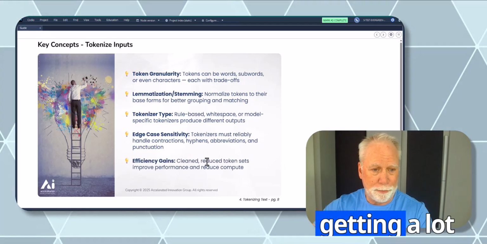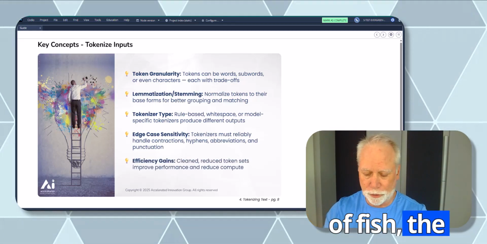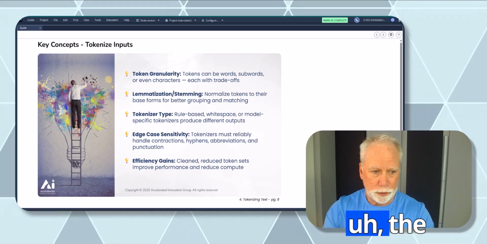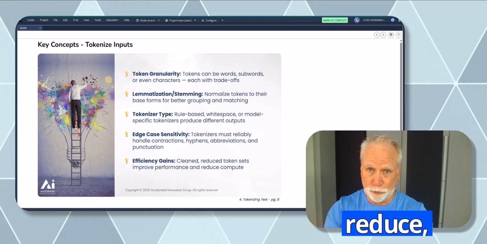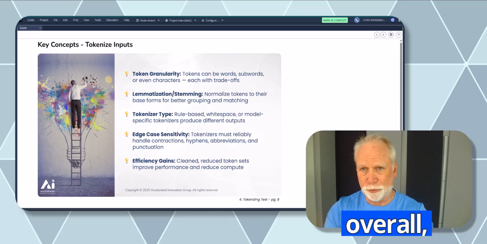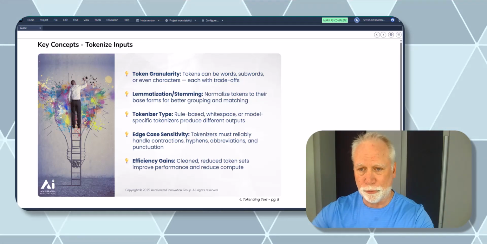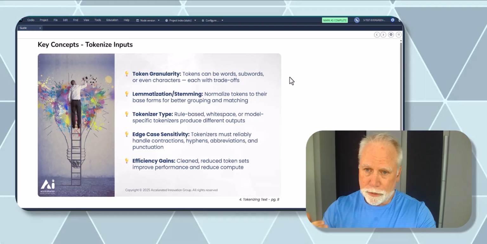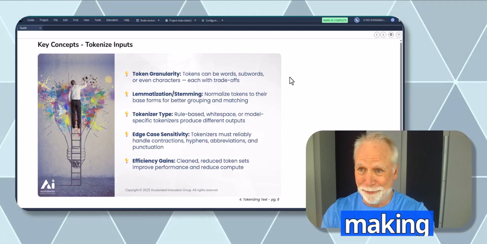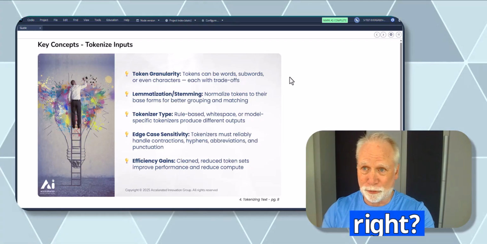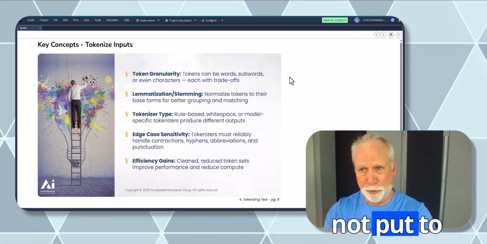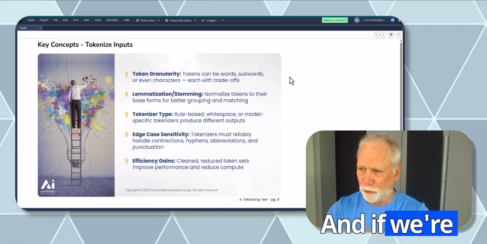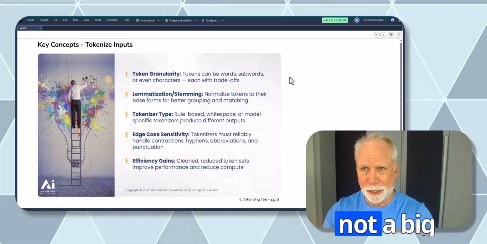And so we get a lot of efficiency gains. By reducing the errors, we can reduce the token set, and that improves overall performance and reduces compute time. I just want to repeat that if we can cut down one token out of our request, we're making gains, because input tokens and output tokens cost us money. If we're just doing it at home in ChatGPT, not a big deal.